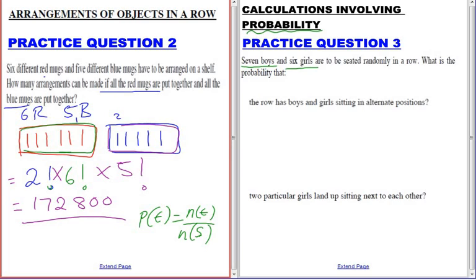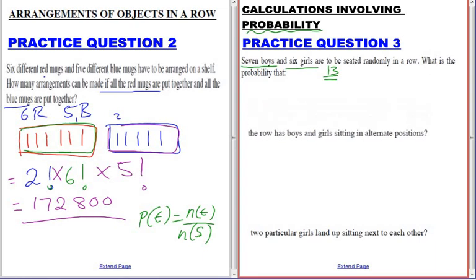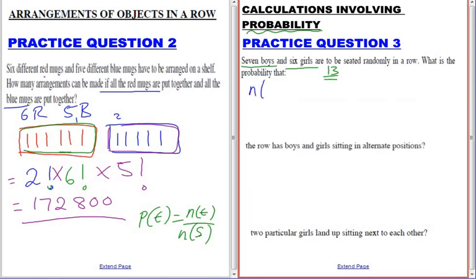So here, notice 7 plus 6. That would be like 13 people that we've got here, right? So the question is saying, what is the probability that the row has boys and girls sitting in alternate positions? So if I want to really answer this properly, I may have to first of all talk about the possible outcomes, because n(S) is actually the number of possible outcomes, you know.